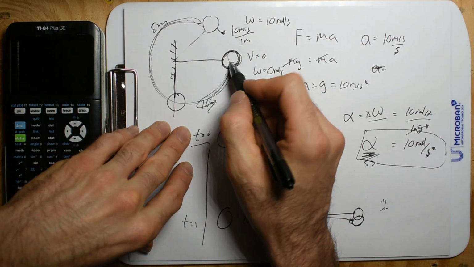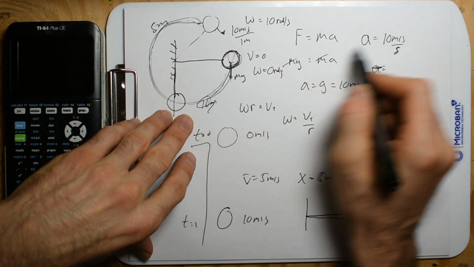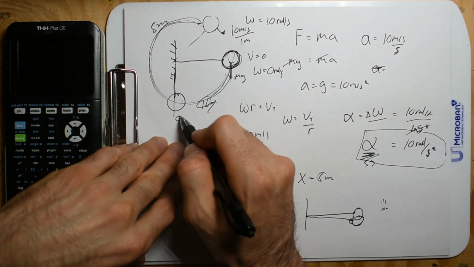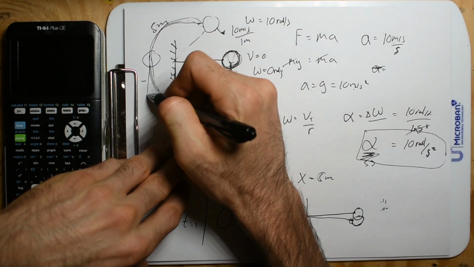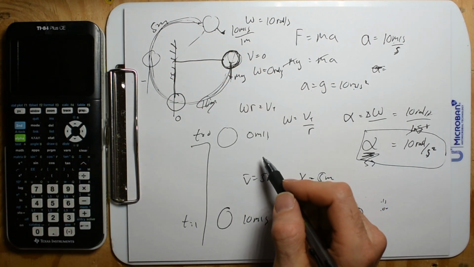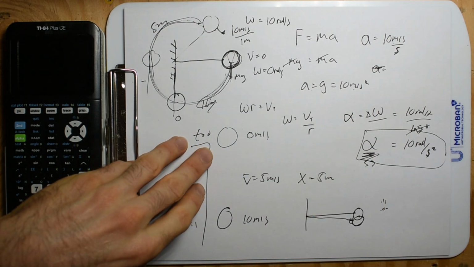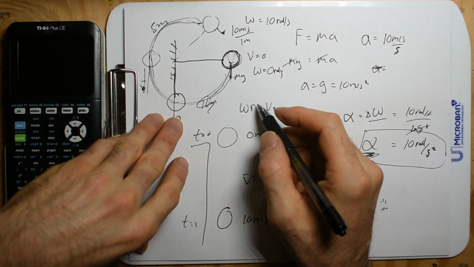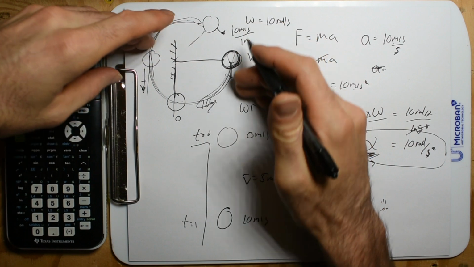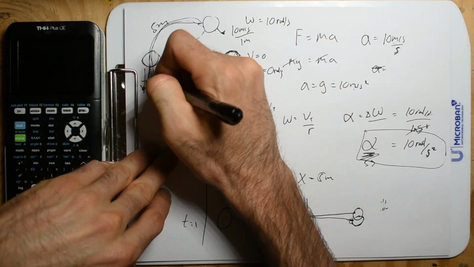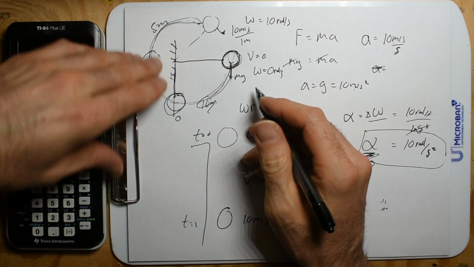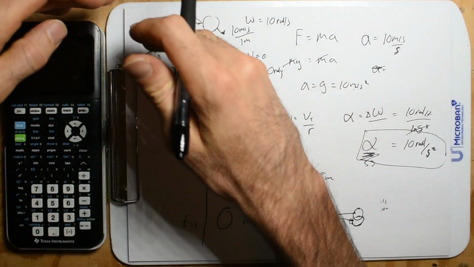The acceleration goes from this direction, 10 meters per second squared, to 0, and then the opposite. Or I guess the acceleration is always downward, but it's 0 value here, and then it's still downward here, because you're changing your velocity, you're slowing down.